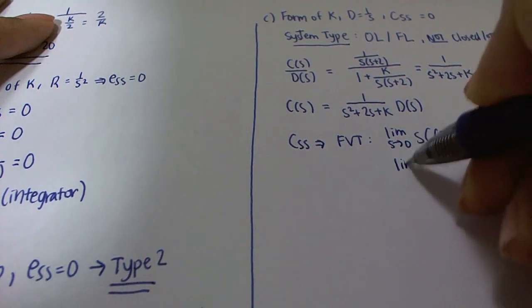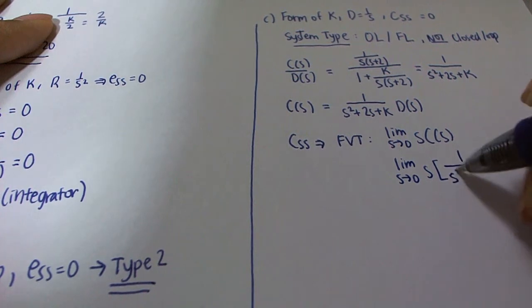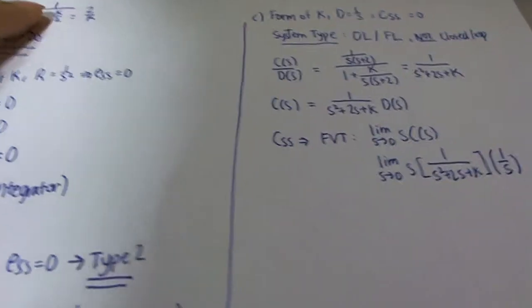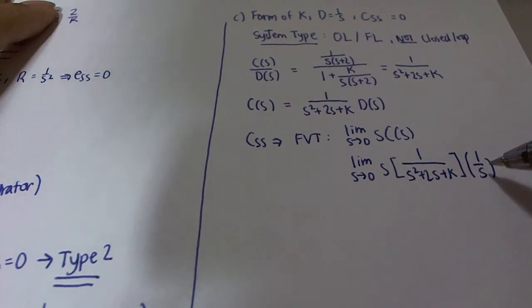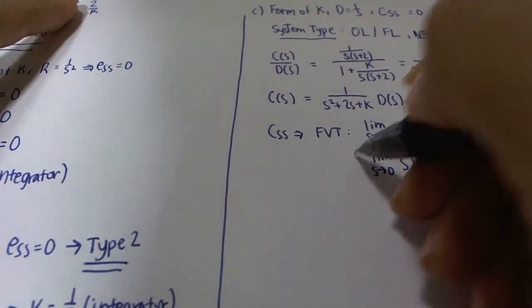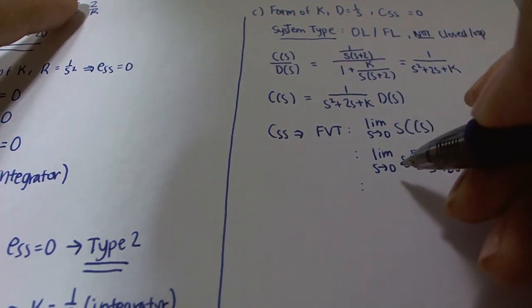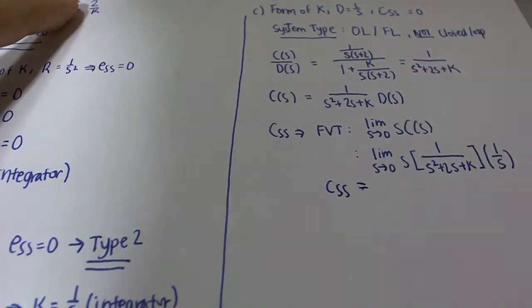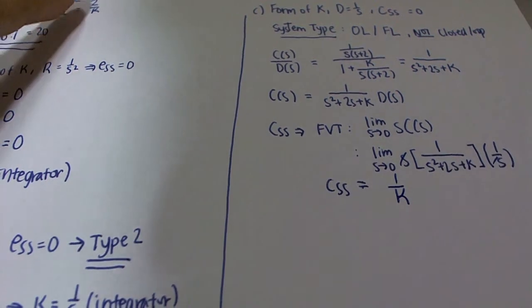So we can plug in all the values into this equation, and the disturbance input is 1 over s, which is a unit step disturbance. And solving the limit, we will get Css equals 1 over K.